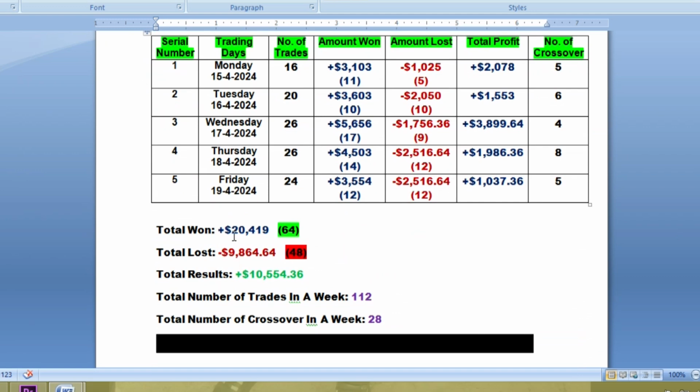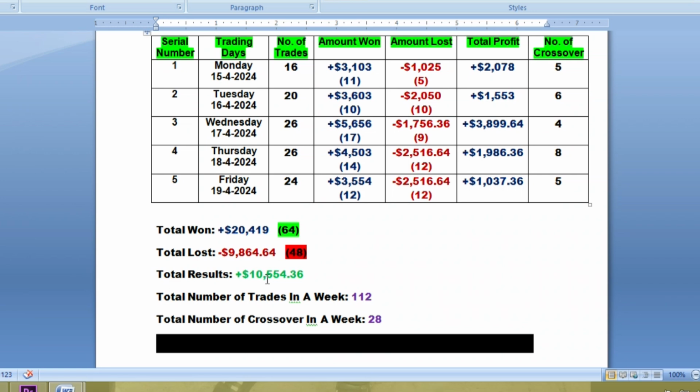So at the end of the week, I made my calculation. I won a total of $20,419. That is to say, I won 64 trades and I lost $9,864, meaning I lost 48 trades.